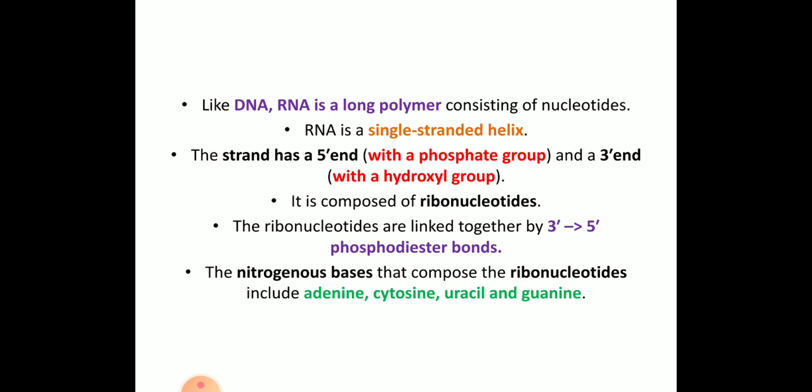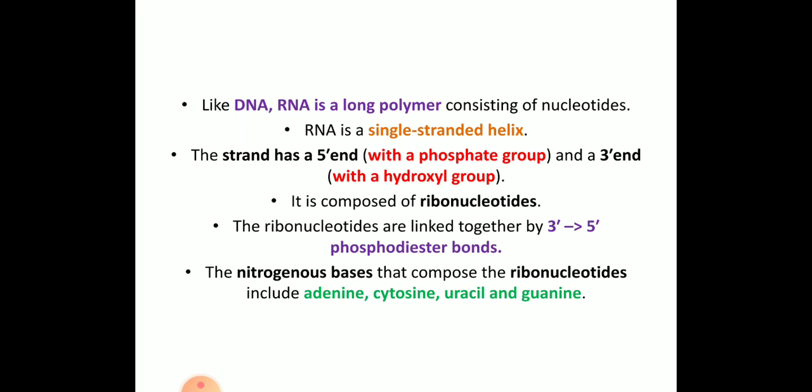Same as DNA, RNA is a long polymer, but it is single stranded. The structure is somewhat the same and the components are the same. It has a 5' end with the phosphate group and a 3' end with the hydroxyl group, and it is composed of ribonucleotides.